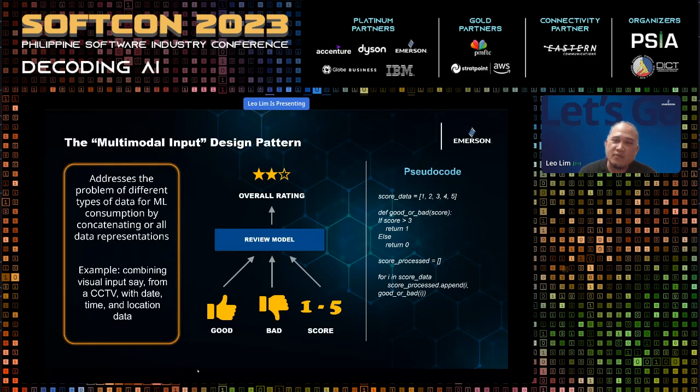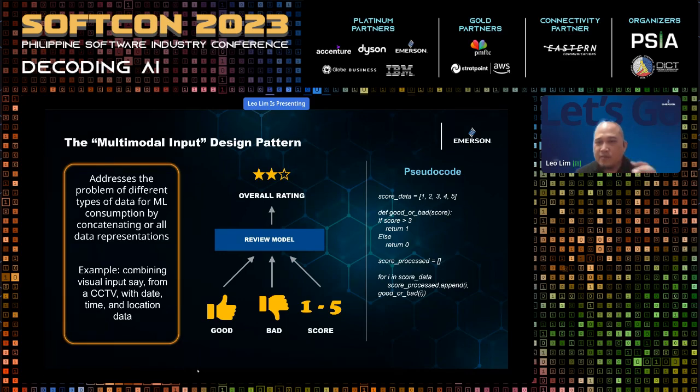So what you need to do here then is to combine the good and bad data and the score data. And you can see here a pseudocode that does just that. First, you define your score, 1 to 5. And when we say concatenate, you have to have a representation of the good and bad, as well as the scores.